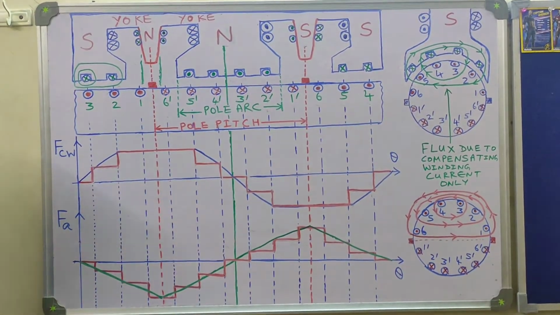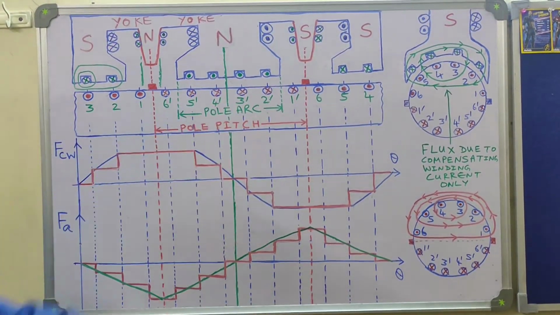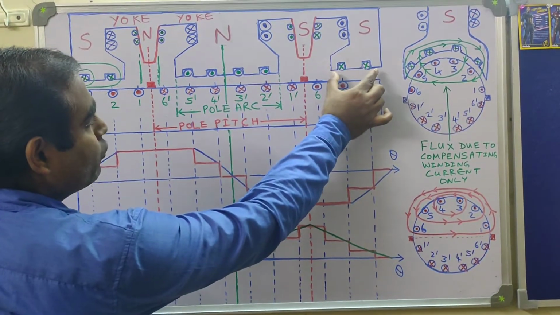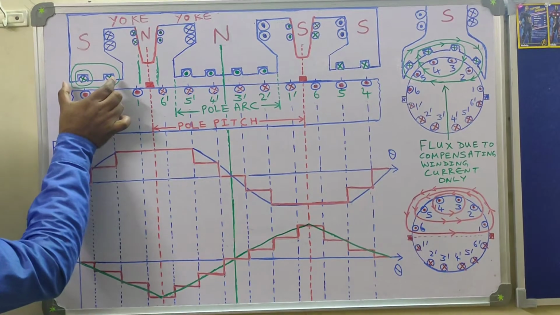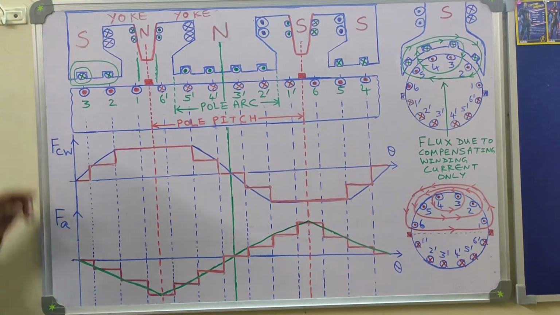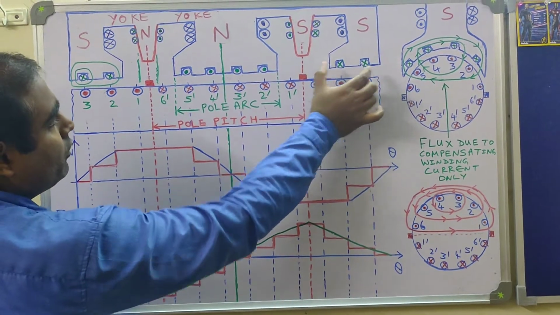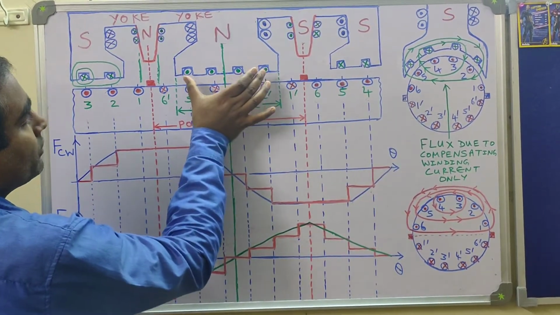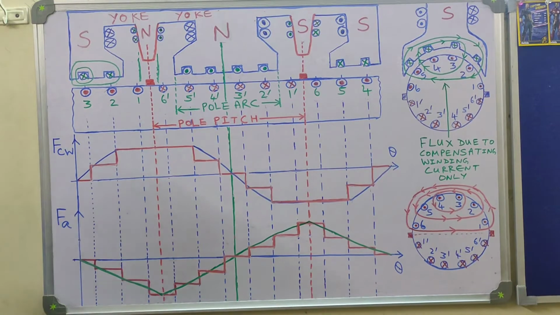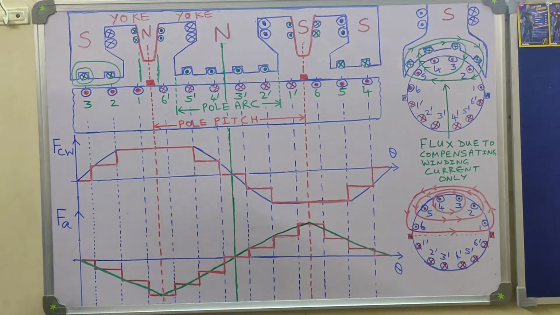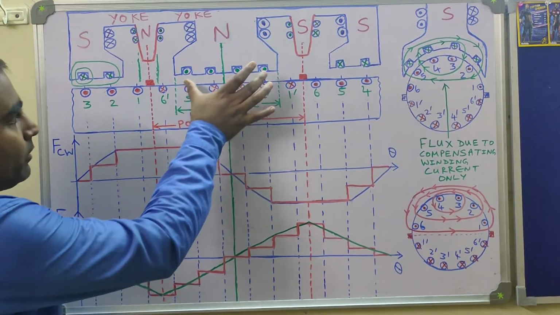That means what? If you look at this developed view, this is the north pole face, and this is half portion of the south pole face. This is another half portion of the south pole. So this is half portion of south pole, this is half portion of south pole, and this is one entire north pole face. So what we see is that the compensating windings are going to be effective in cancelling the armature MMF only under the pole faces.